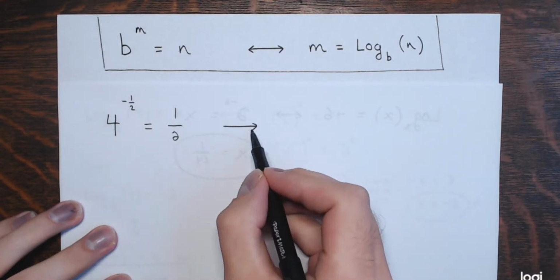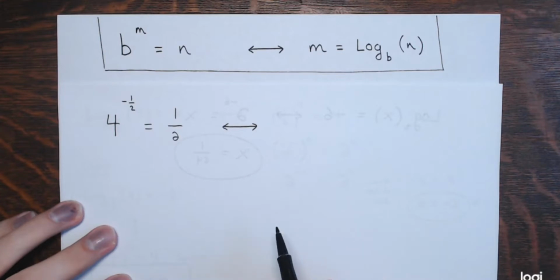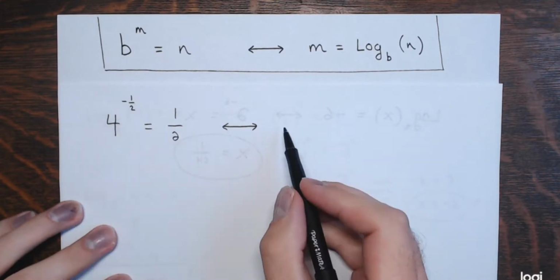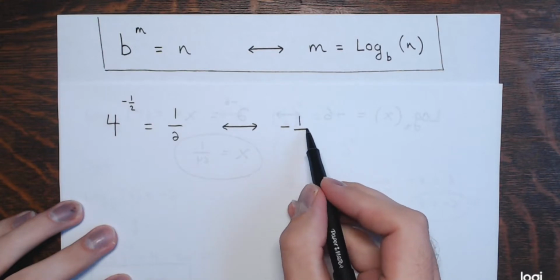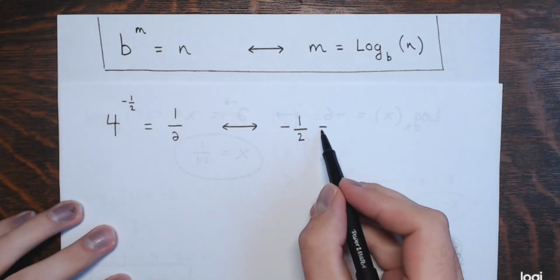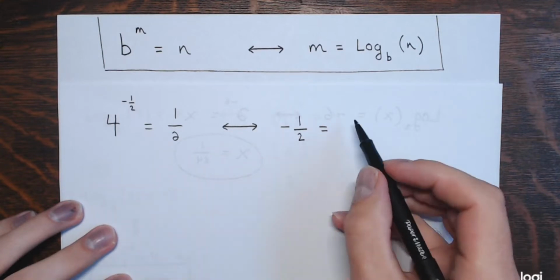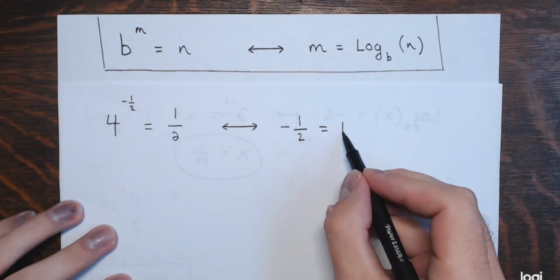And I'm converting this to its equivalent logarithmic statement. Remember, the exponent I'll write on its own side. So -1/2 equals the logarithm. Exponents are logarithms. Logarithms are exponents.